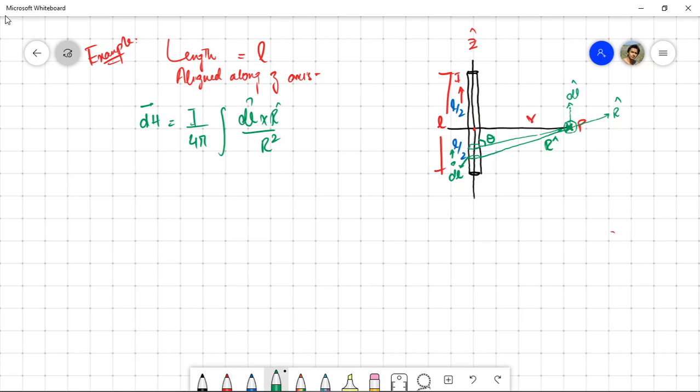The direction of dl is in the direction of current, which is in the direction of z hat. Apart from that, the length is also aligned along the z-axis, so dl is z hat dz.